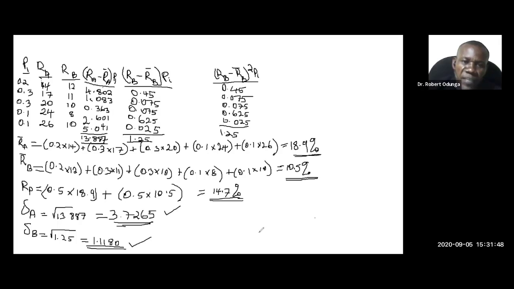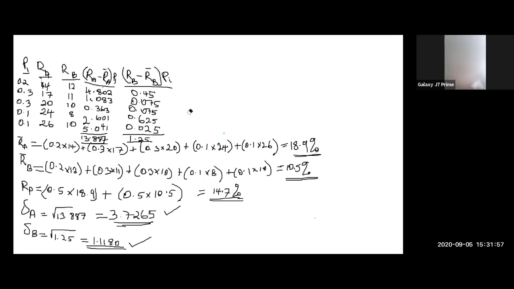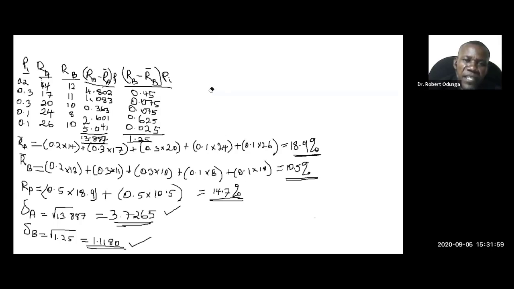Any question up to that point? We needed to erase this. We already have it there. So I want us to go into determination of the covariances. What was our formula for determination of covariances?